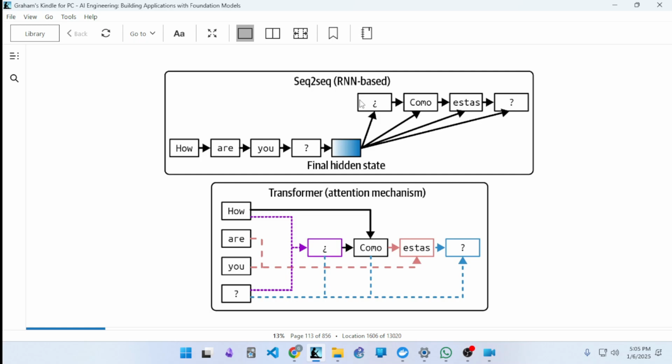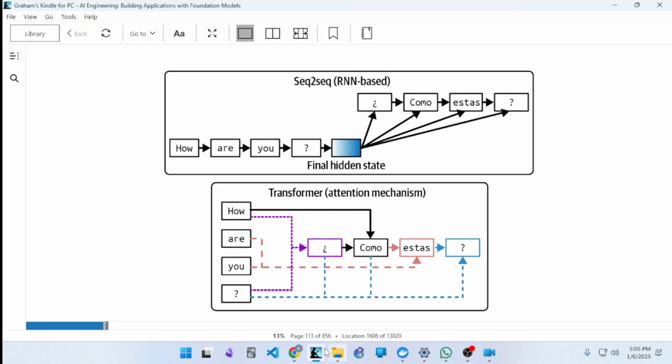ChatGPT is GNN, generative neural network, as far as I understand, and it's a transformer. It's GPT rather than seq2seq. So seq2seq, the way it would work is if you're using the phrase "How are you?" Now you have a final hidden state.